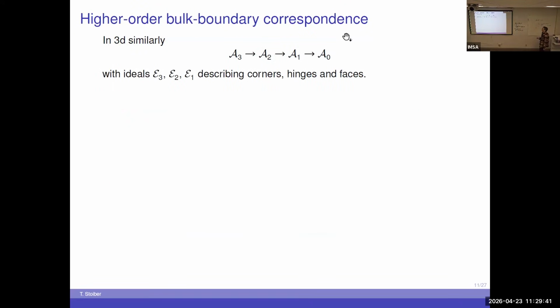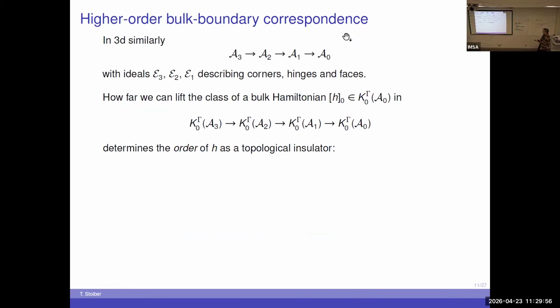So in 3D, similarly, we have sequences with three algebras, and the idea is that we quotient out successively the corners of the crystal, the hinges of the crystal, and the faces of the crystal. So now, the idea is that we do not basically push everything into the boundary map as we did for this easy example of bulk edge correspondence, but instead we formulate bulk edge correspondence as a kind of lifting problem.